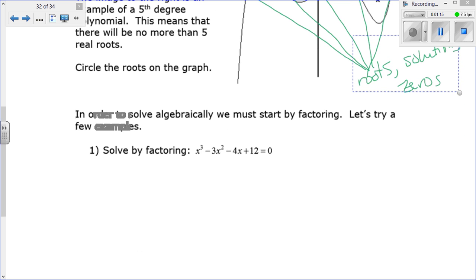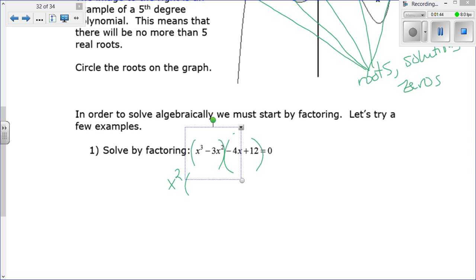In order to solve algebraically, we must start by factoring. So let's try a few examples. For number 1, I have x cubed minus 3x squared minus 4x plus 12 equals 0. I have 4 terms. If I have an even number of terms, I'm going to look for grouping. So if I group them, in my first set of parentheses, my GCF is x squared.